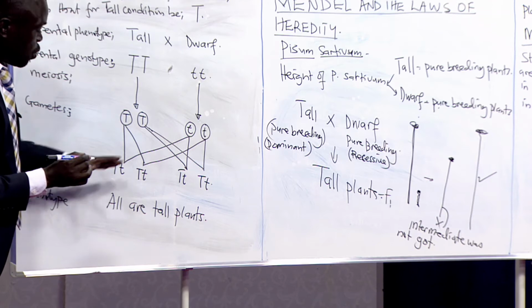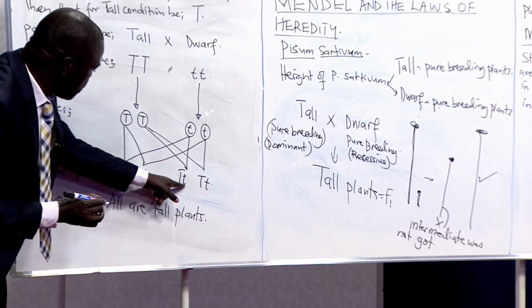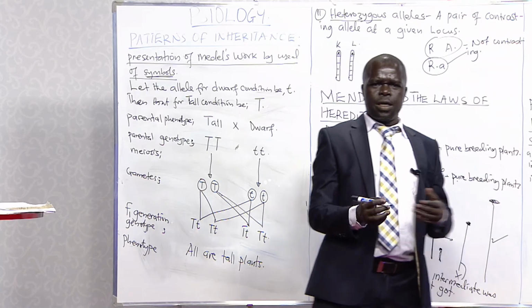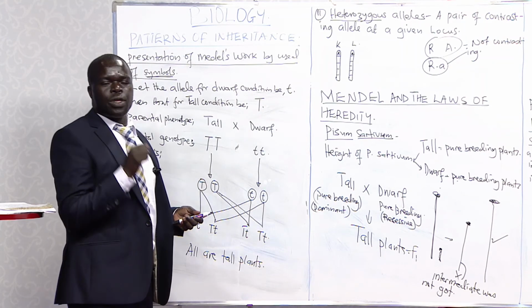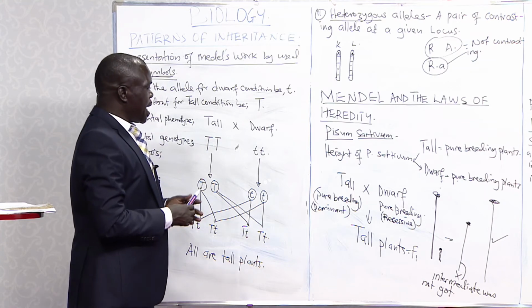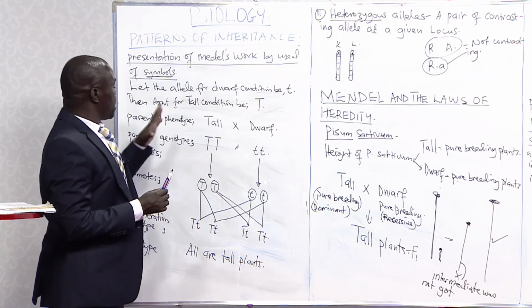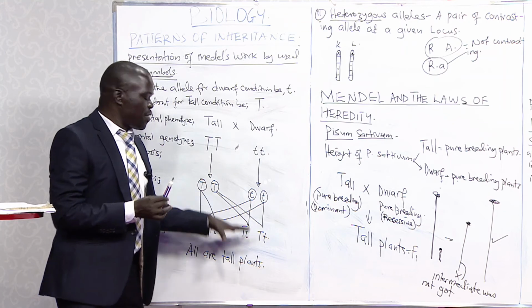Now, why are they tall, yet there is this small t here? Why are they intermediate? Because when you mix something, there should be something coming in the middle. But you have the answer with you. I said the allele controlling the tall condition is dominant over the allele controlling the dwarf condition.